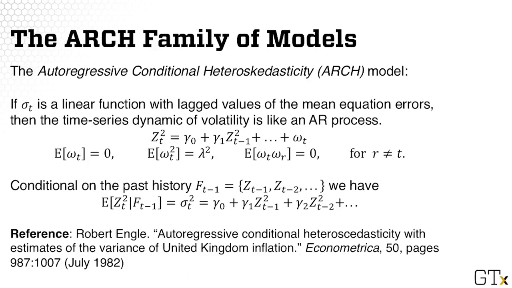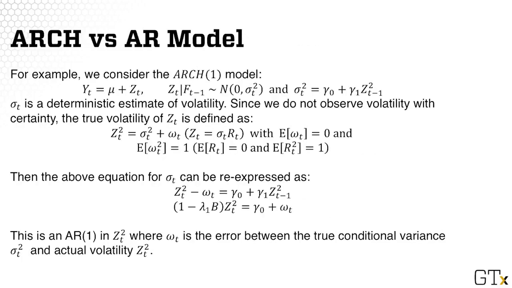The dependence of the conditional variance on the past causes the process to be dependent. Thus, in ARCH models, the conditional variance has a structure very similar to the structure of the conditional expectation in an AR model. I explain this concept with the simplest ARCH model, ARCH of order 1.